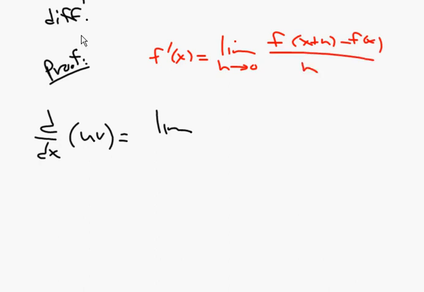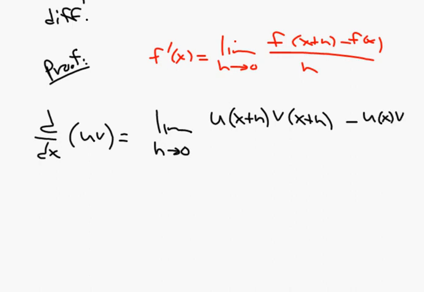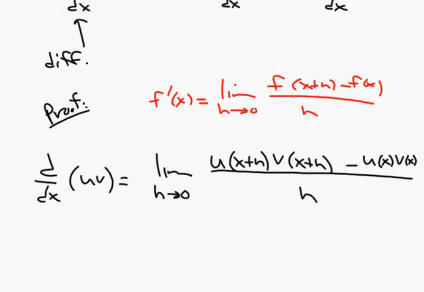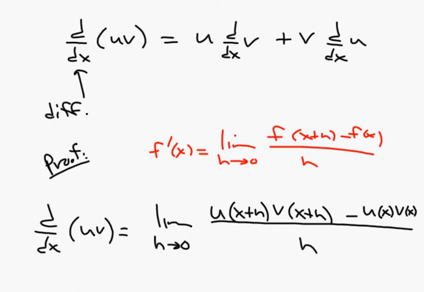So in our case, it's going to be the limit as h goes to 0 of u of x plus h times v of x plus h, because that's the function. The function is u times v, minus u of x times v of x over h. So if we can figure out what that limit equals, presumably it'll turn into this expression. That's what it's supposed to do.